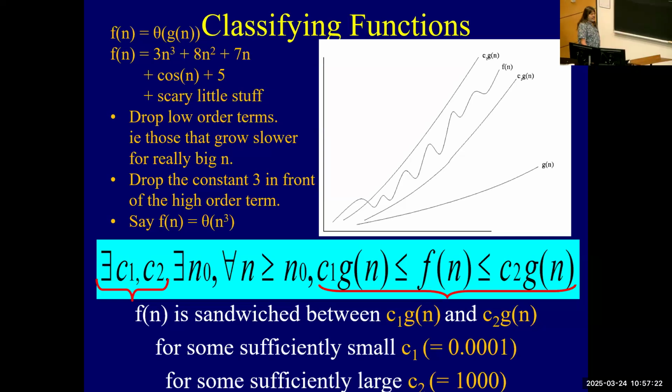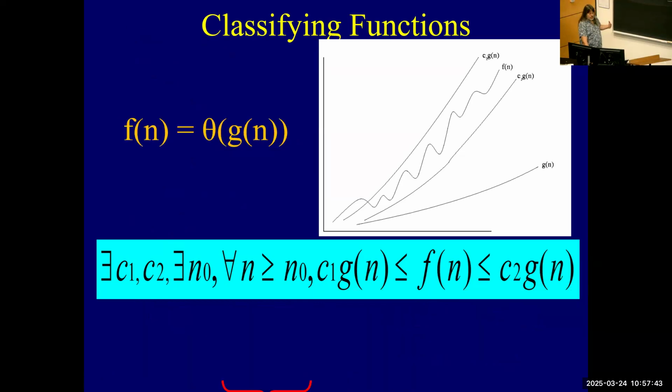But for which C? I'm trying to prove they're squeezed, so I get to choose the C's. I can make my C really, really small, my other C really, really big. The only requirement, which I didn't write down here, is that the C's have to be bigger than 0. Everybody good with that? That's the game we've been playing already.